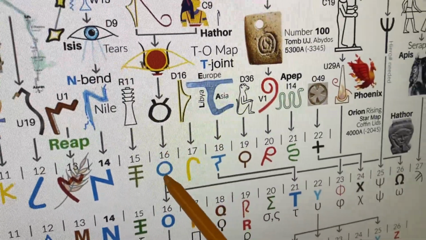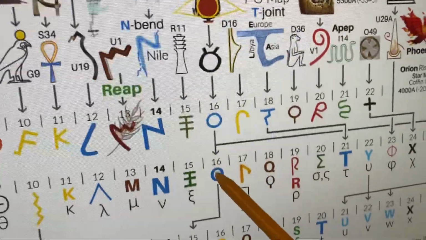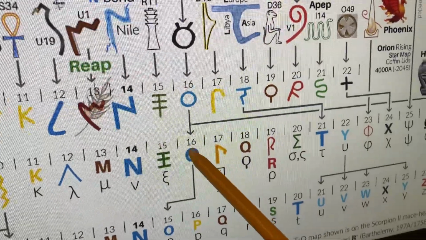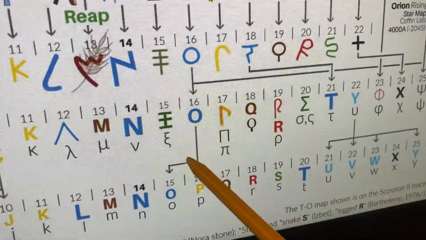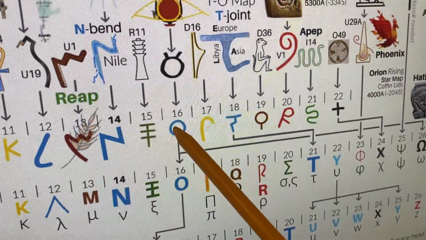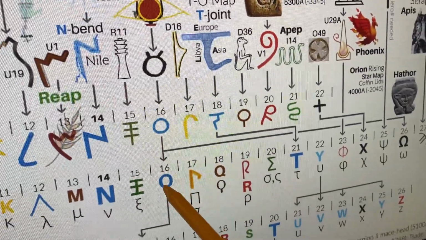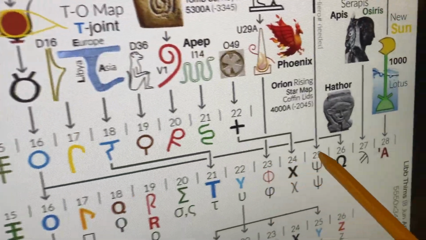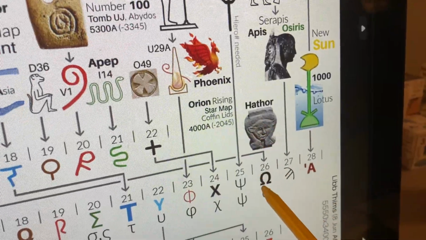And then when the Greek alphabet formed, this got split into O micro, Omicron, and this became the English 15th letter, but then the Phoenician O also got split into two letters, Omicron or micro O and Omega, which is mega O. This is the Milky Way, Omega.